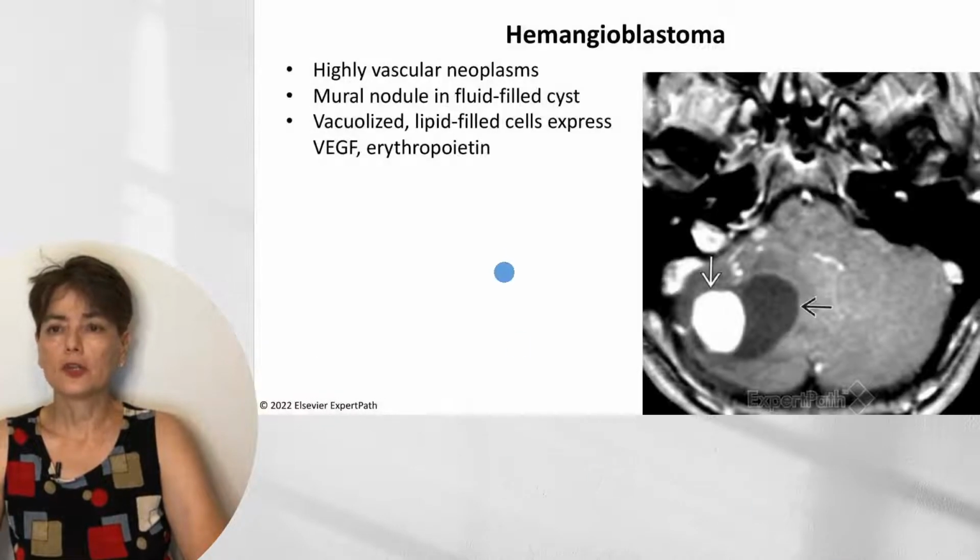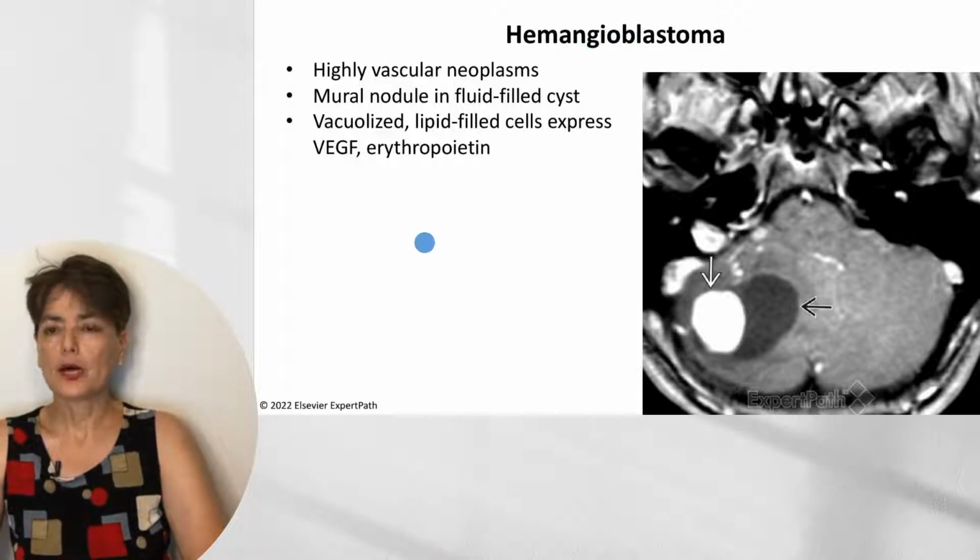So let's take a look at what we would see morphologically. So hemangioblastomas are highly vascular neoplasms, as you would imagine, based on the increased VEGF. They tend to appear as a mural nodule in a fluid-filled cyst, which we can see here in the cerebellum. And then the cells that are the blastoma part, so blast we think of as being sort of like a primitive cell, hemangio obviously relating to the vascular component.